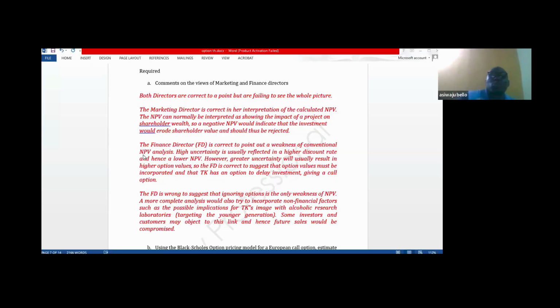There are other factors that should be considered. What are these factors? Non-financial factors. When we carry out project evaluation, we don't only consider the financial factors. The NPV only considers the financial factors.